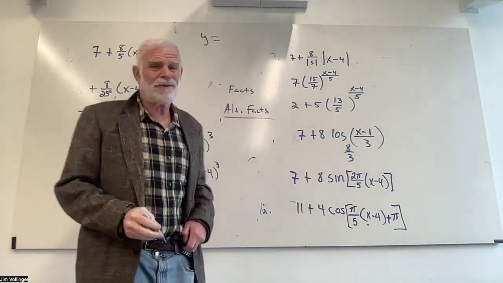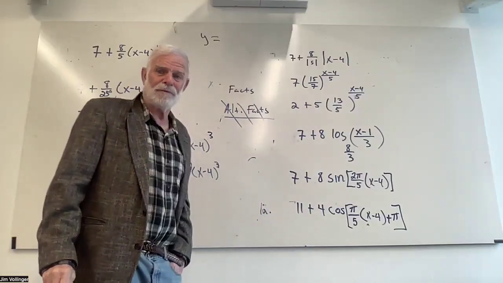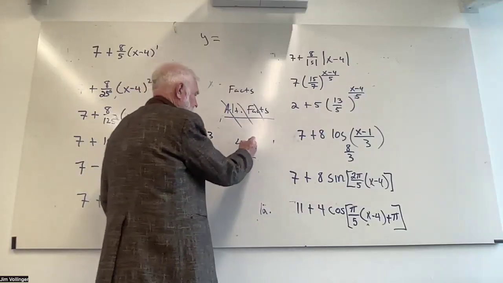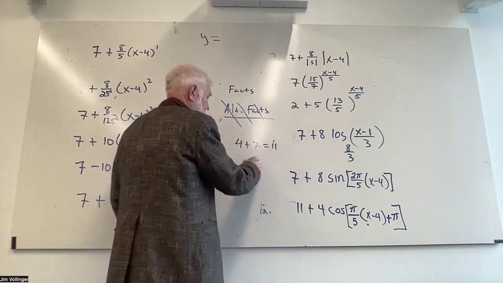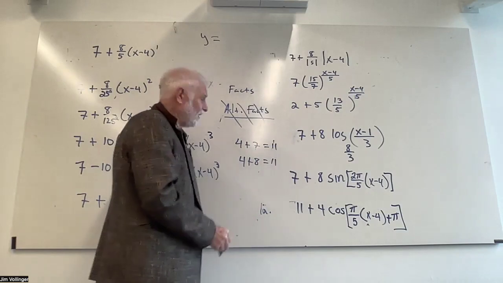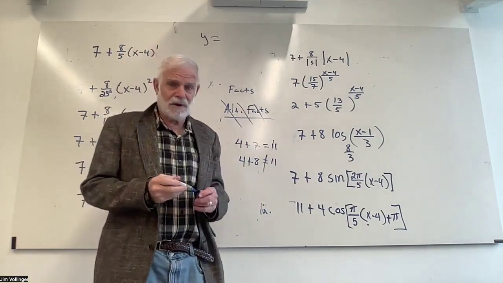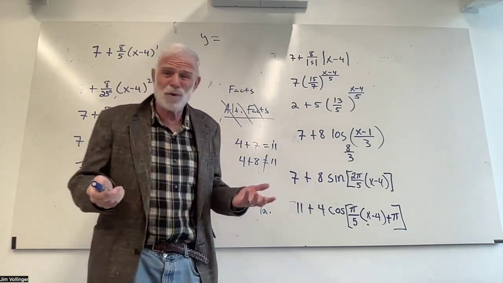But in math, I don't think we have alternative facts. I think something is either true or false for us. I think 4 plus 7 is 11. 4 plus 8 is 11? I don't think so. You might have alternative facts somewhere else, but I think in math, something's either true or false.